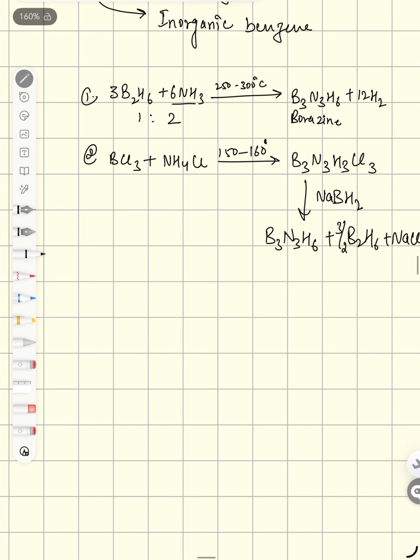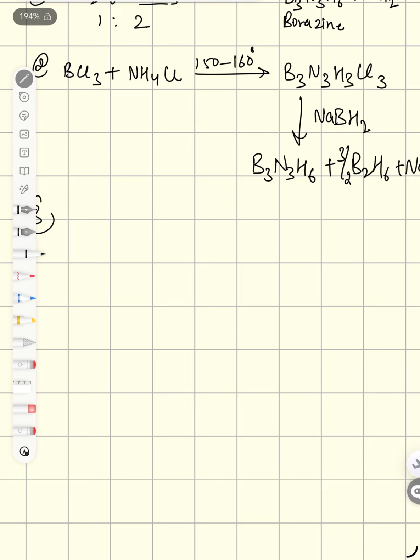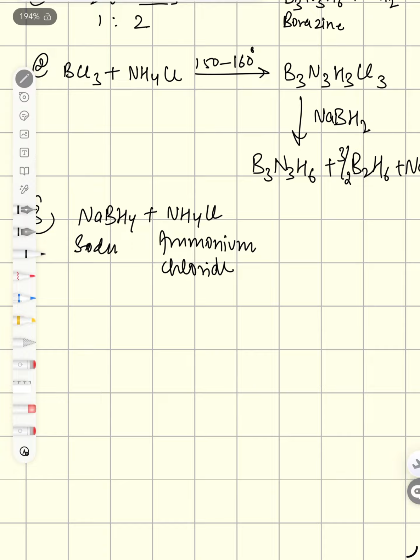Third method, again resembling the second, is the preparation of borazine by sodium borohydride with ammonium chloride. This is ammonium chloride and this is sodium borohydride.